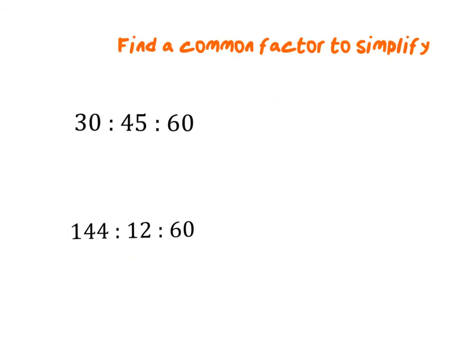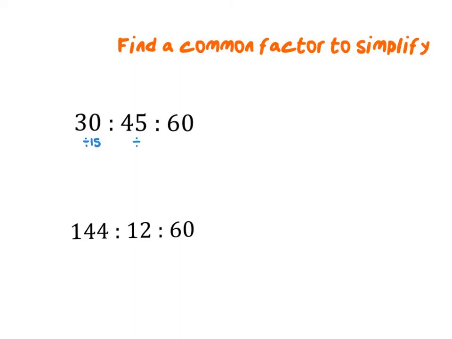We can go through exactly the same process even if there are 3 numbers. In this case, however, we cannot write it as a fraction. We merely need to find the number that divides into all 3 numbers. So here in the first case, 3 goes into all of them, and also 15, which is a bigger number.